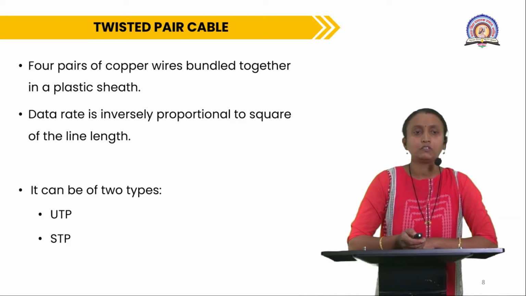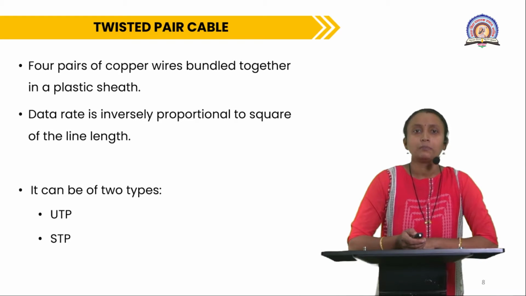The relation between data rate and distance is that the data rate is inversely proportional to the square of the line length. This means if the distance between sender and receiver with twisted pair cable increases, the data rate or speed of the signal will automatically decrease due to attenuation created during the transmission.